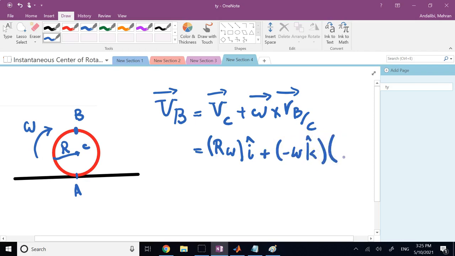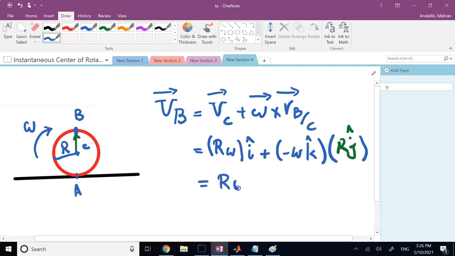And R of B with respect to C is this vector, which is going to be positive R times J. So all you need now is to perform the cross product, K cross J, which is negative I. That's another negative, so it's positive I, and it is R omega.